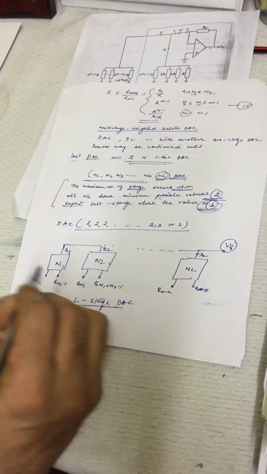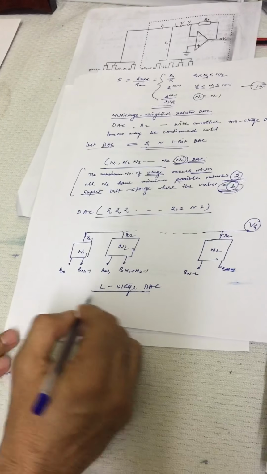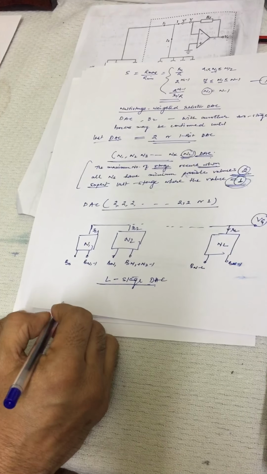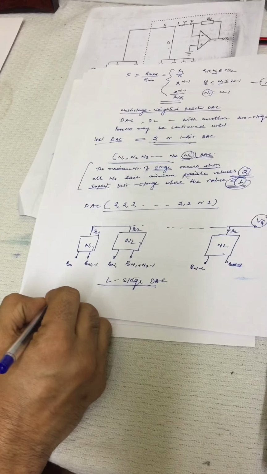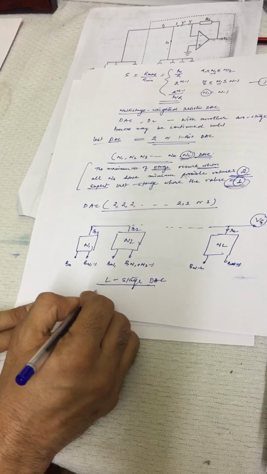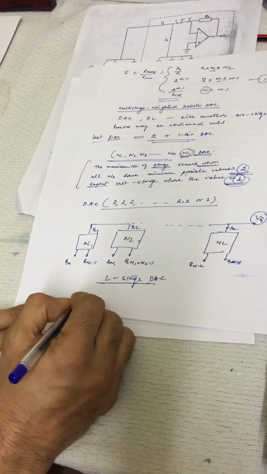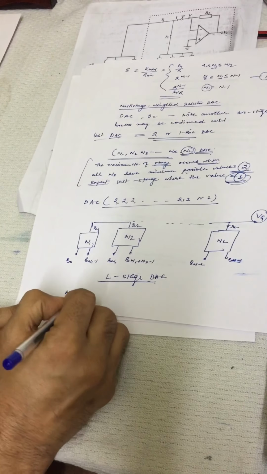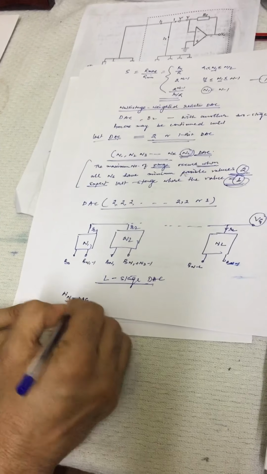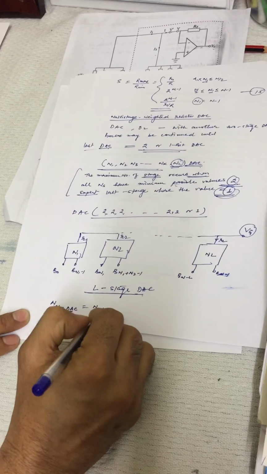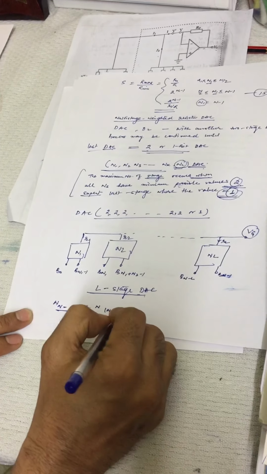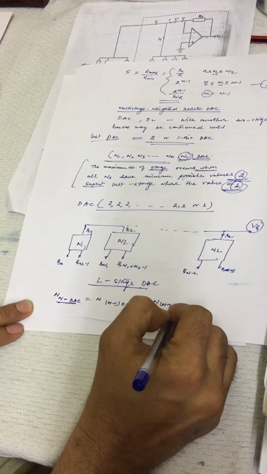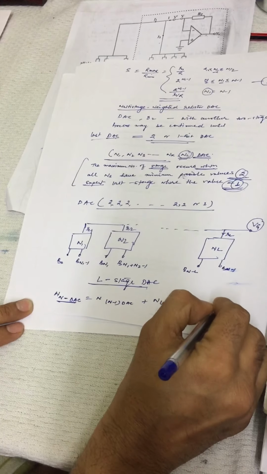We can write the total number of n-bit multi-stage DACs: n DAC equals n minus 1 DAC plus n minus 2 DAC, for n greater than 2.